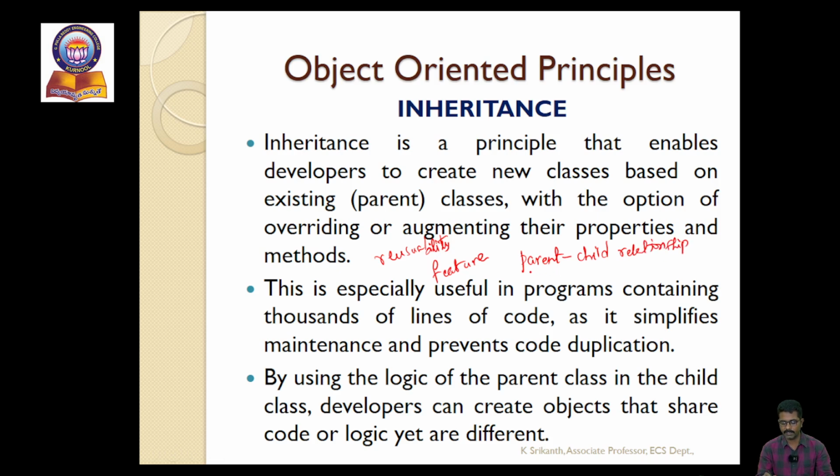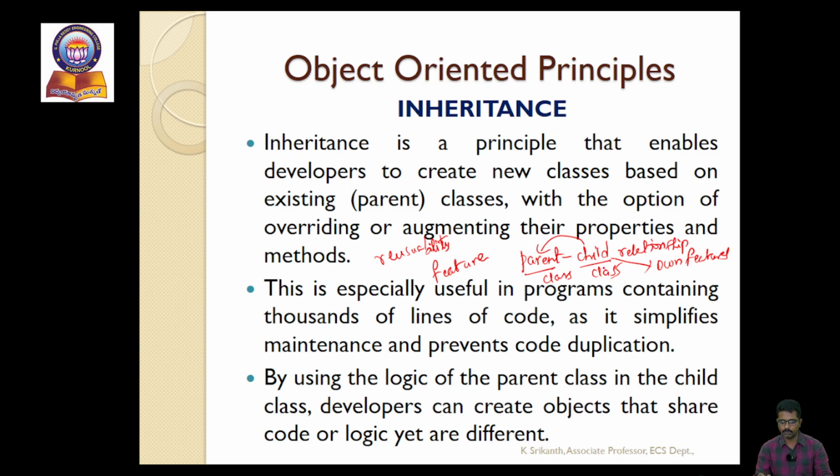First we need to write a class which is called the parent class, and we need to write one more class called the child class, which uses the parent class features, and the child class has its own features, right? So the parent class is already available, which can be reused by creating one more class called child.